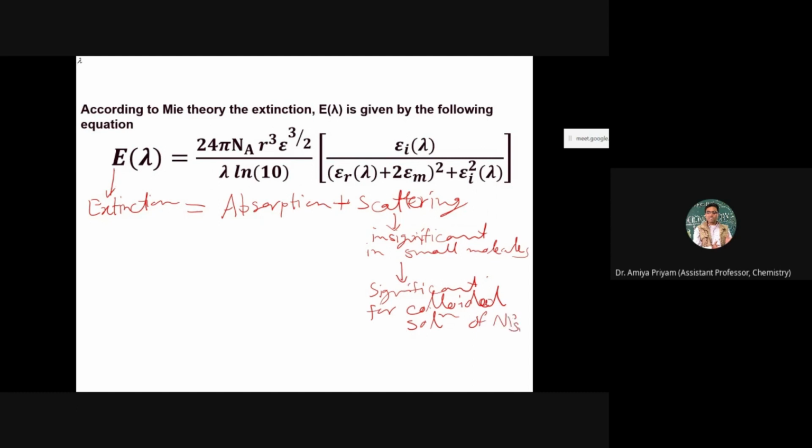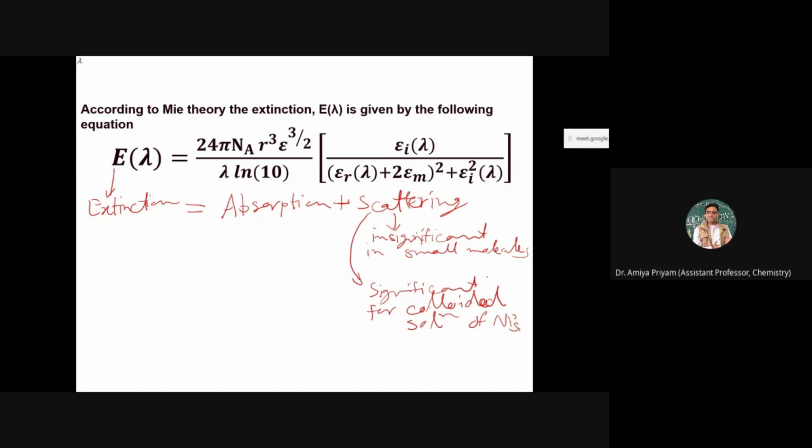It is a different aspect. It is significant, and it will be substantially high for nanoparticles of larger dimension, larger size. When you have around 100 nanometer particles, the scattering would be more.